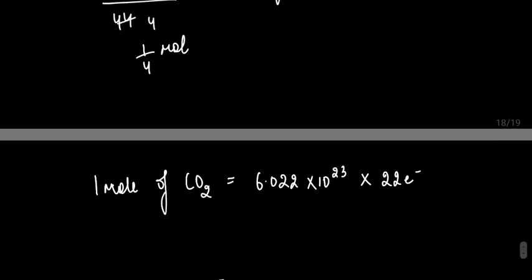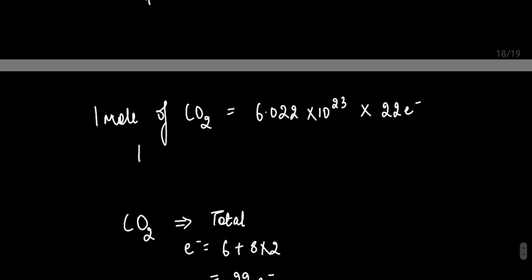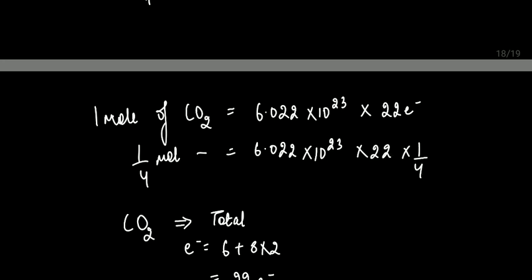If we take the same number of moles that we calculated for 11 grams, so 1 by 4 mole of carbon dioxide is equal to what? 6.022 into 10 raised to the power 23 into 22 into 1 by 4.